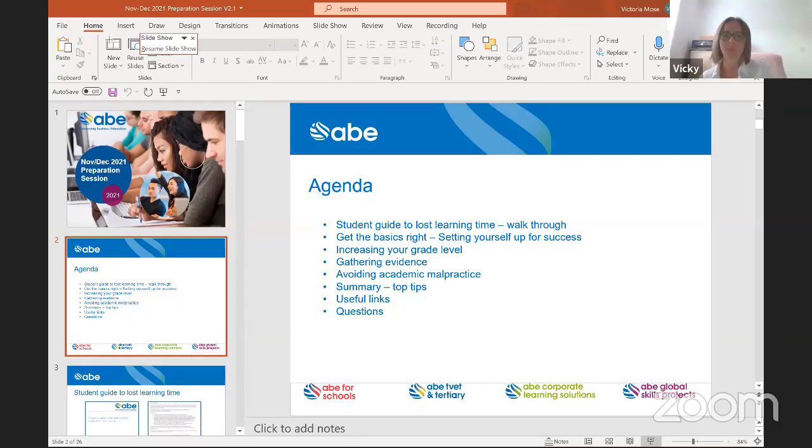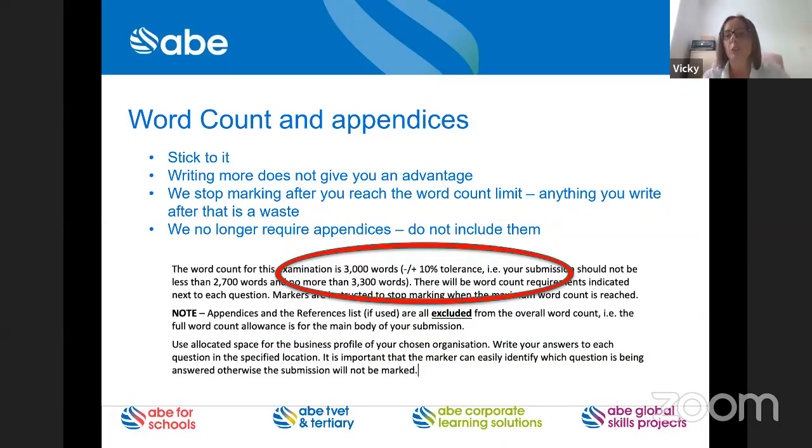Okay, so now we're going to move on to word count and appendices. You'll see that we've circled here, and it's a snapshot of what a typical assignment or an open book exam would look like. And it shows the word count. We've highlighted there that there's a 10% tolerance either way.